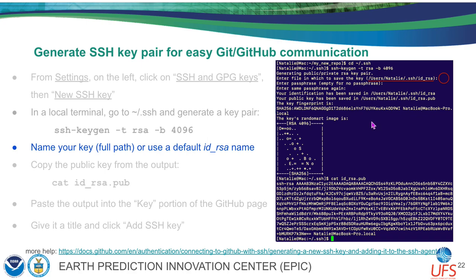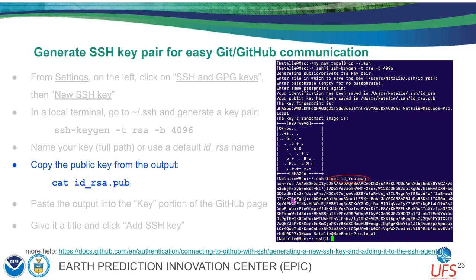It's not needed for our current test. Then we can copy our public key that will have a .pub extension. So the private key will be id_rsa, or the name of your choice, and the public key will have the same name plus .pub.